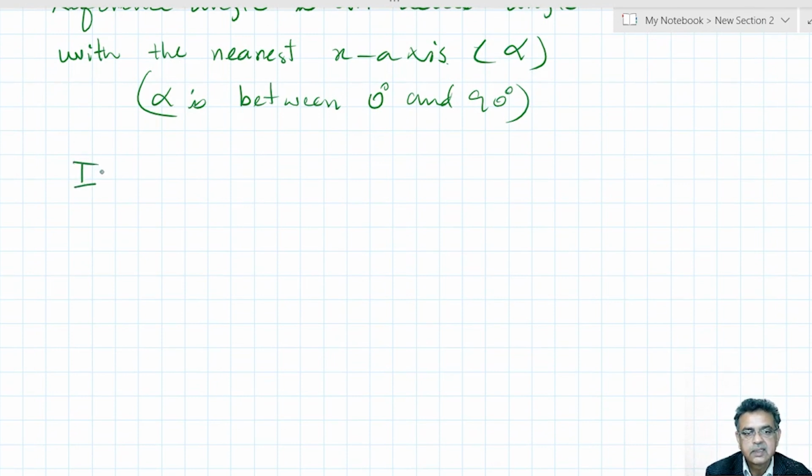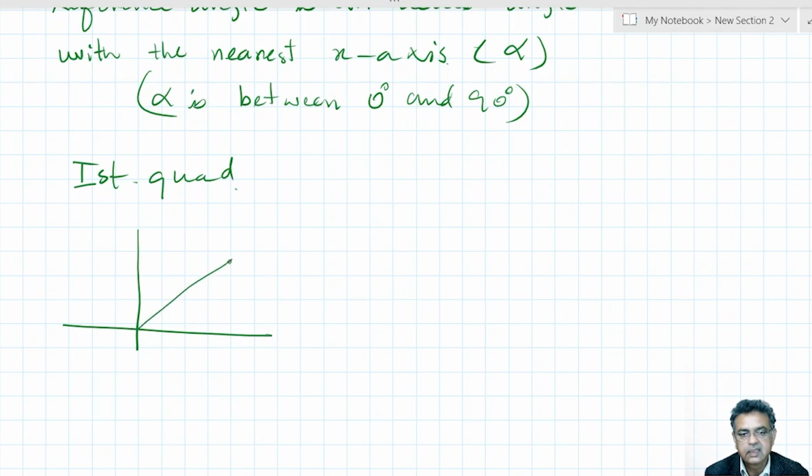So in the first quadrant, if the line is in first quadrant here, this is the acute angle, and you can see that this is the basic right angle triangle which can be formed. So this will be the acute angle, reference angle or basic angle. This will be its opposite and this is its adjacent.